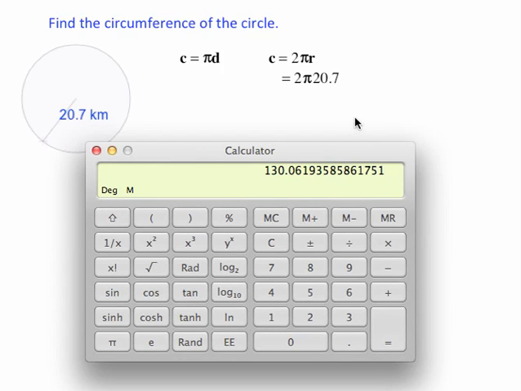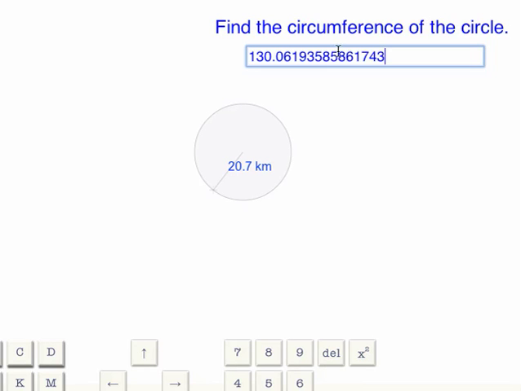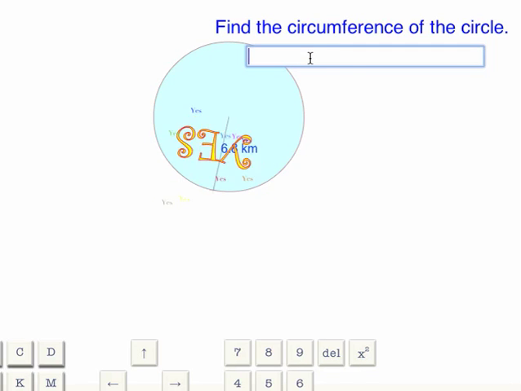I'm just going to round that to about 5 decimal places. And that gives me 130.06194, and then keep the proper units, kilometers. Okay, so there we are, and so I'm just going to round that to 5 or 6 decimal places, it doesn't really matter. So 4 kilometers, and that's it.